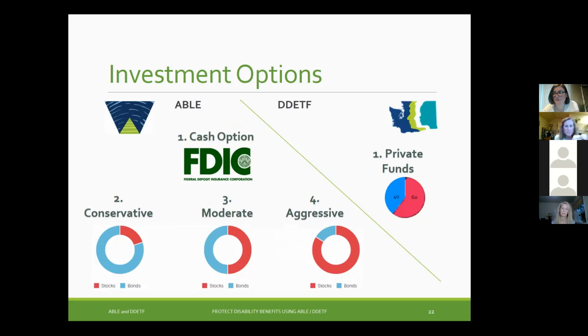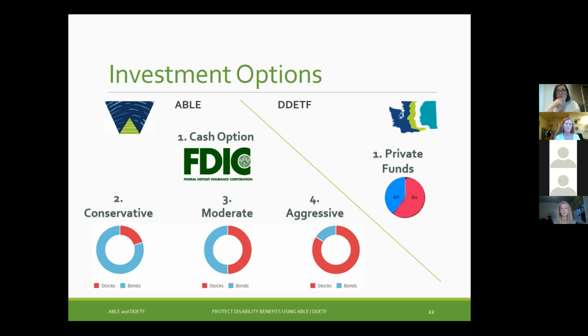You can also save your money and also invest in one of those options. These are pre-packaged options, so you don't really have a choice as to which stocks, bonds, mutual funds, whatever. But you have a choice between conservative, moderate, aggressive, and savings.